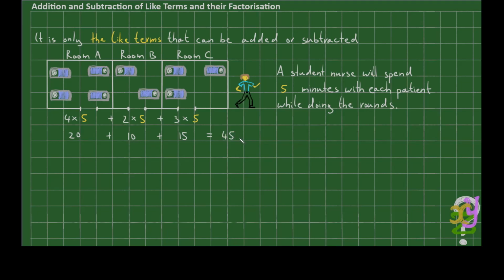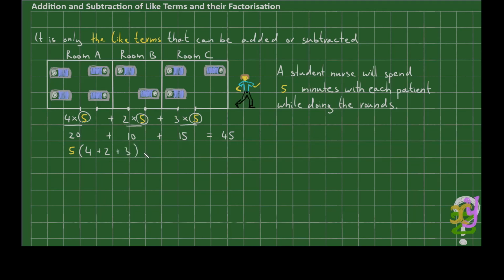This is a perfectly reasonable solution, but let's do it another way. What is a common factor for all these rooms? Well, the common factor happens to be 5, because each time we are multiplying by 5. And so I'm going to isolate the common factor 5, and then I'm going to open a bracket and add all of the values: 4 plus 2 plus 3, and close the bracket.